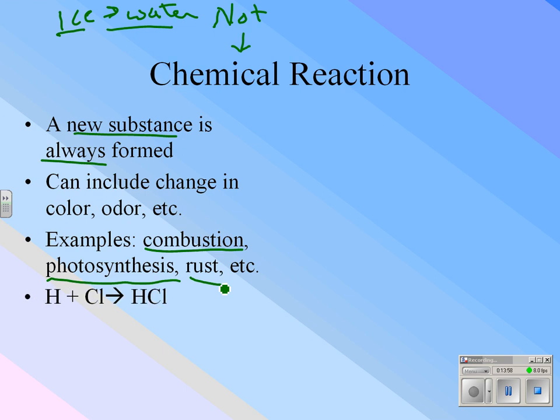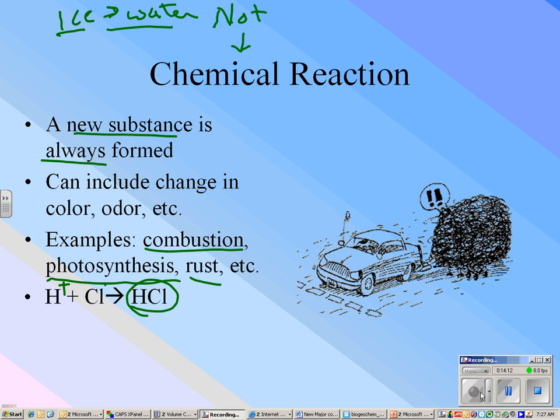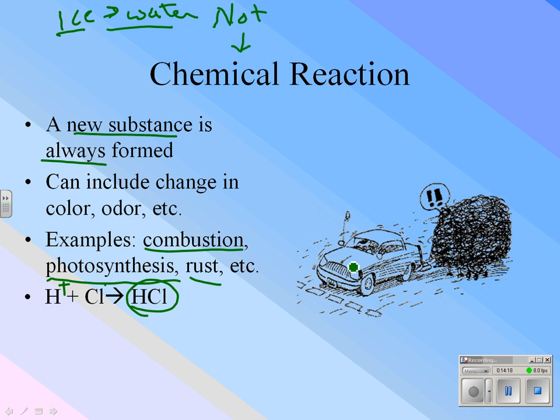If we took hydrogen ions and put them together with chlorine ions, we get hydrochloric acid. That's a chemical reaction. This car running is producing exhaust. That's because a chemical reaction is going on under the hood. We're burning gasoline.